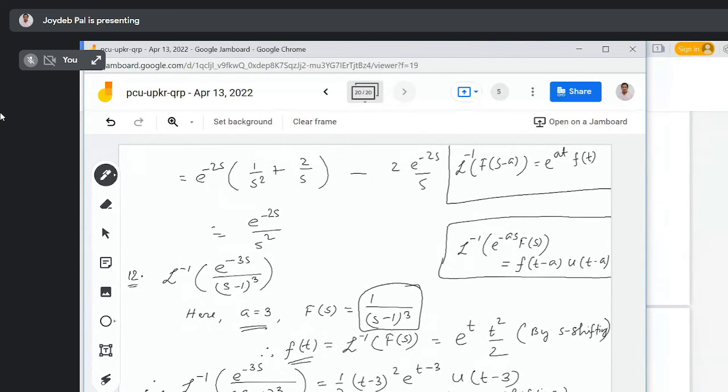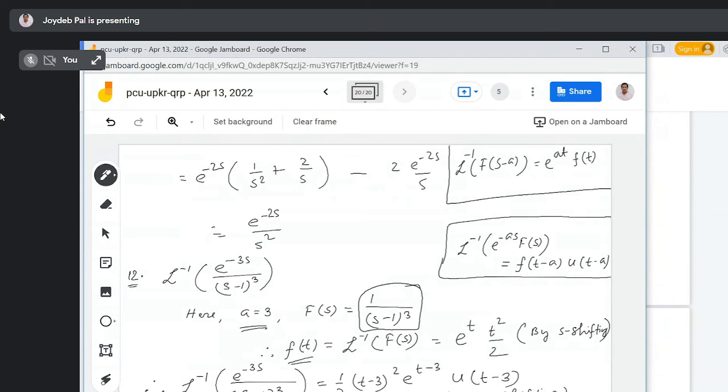Now here a is what? According to the problem a is 3. तो f of t minus 3 u(t minus 3), it is the answer. Now f(t minus 3) क्या है वही लिखा है यहाँ पे. f(t) is e to the power t into t square by 2.